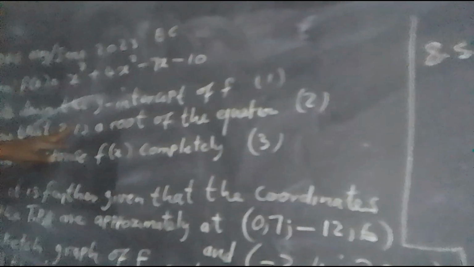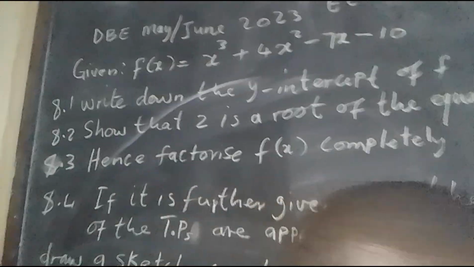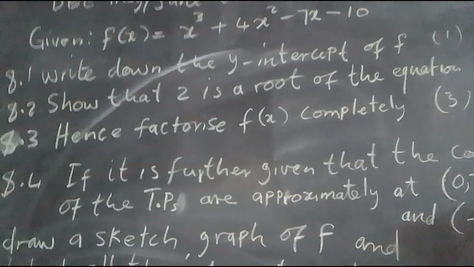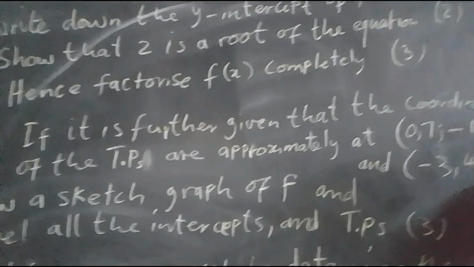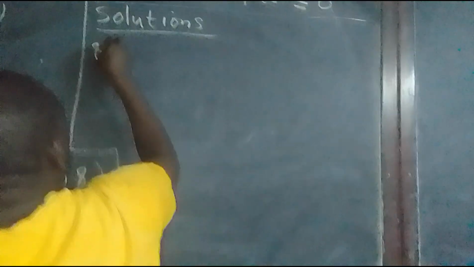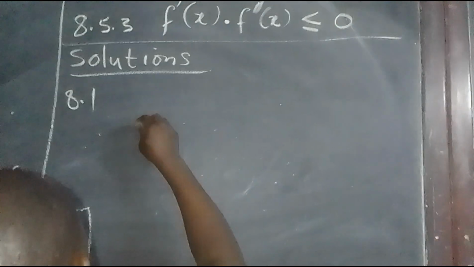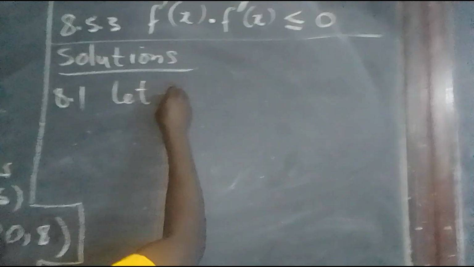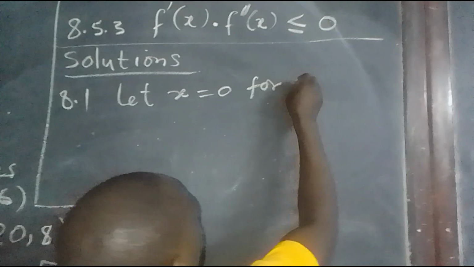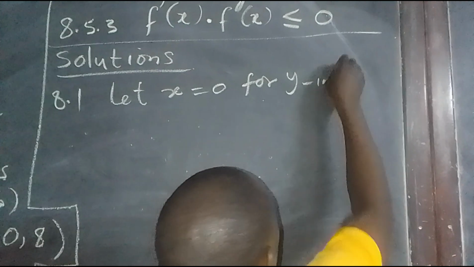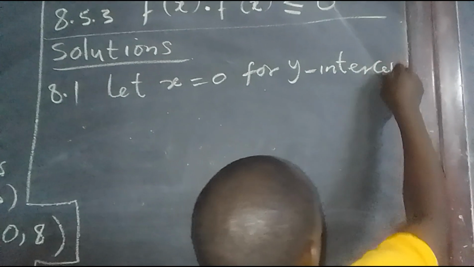Now, we start here. Write down the y-intercept of the function f. So, solutions: we let x be 0 for the y-intercept.